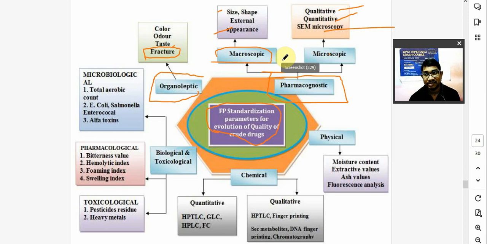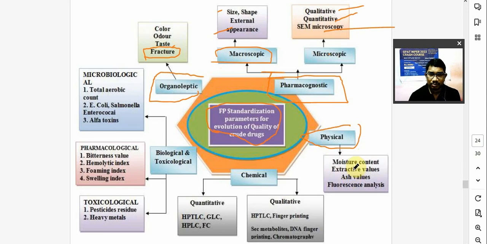For example, in case of digitalis, presence of moisture more than 2% will increase enzyme activity, which will cause hydrolysis of glycosides present in the digitalis. So moisture content is important.